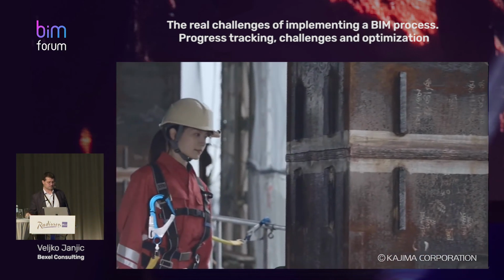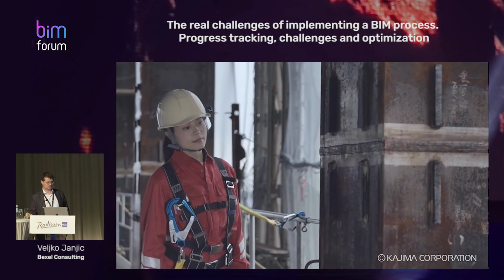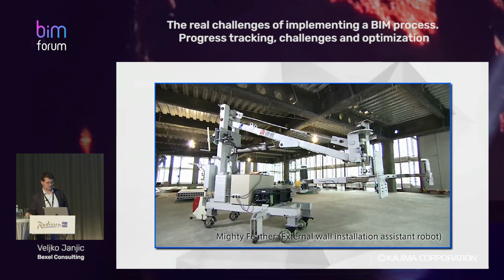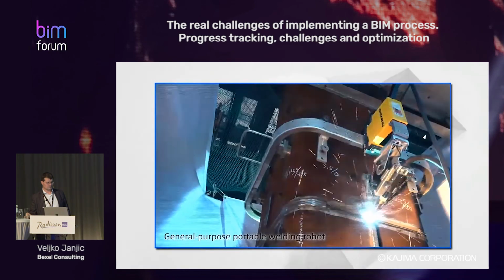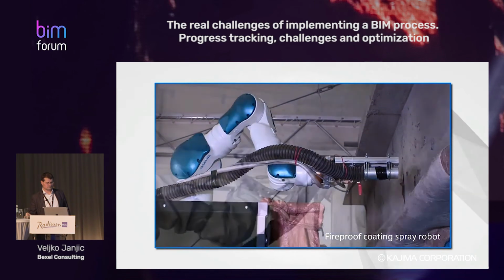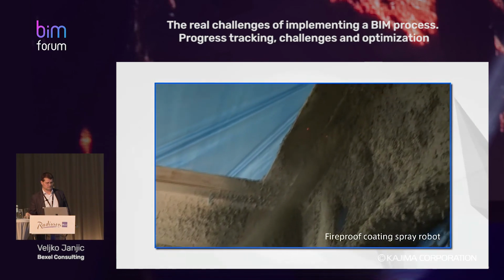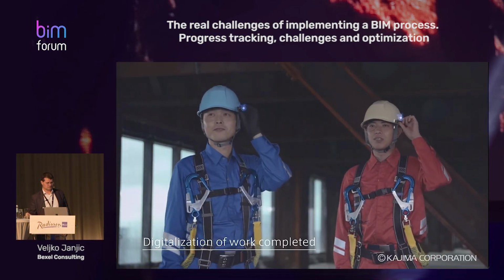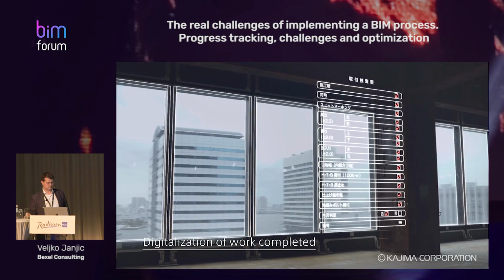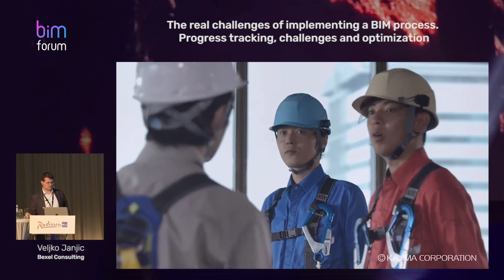People will monitor the process and inspect the completed work. We are developing robots to transport materials, weld, and spray fireproofing coatings. Information from the site is linked to BIM and other information databases and can be used to monitor progress and quality control documentation.